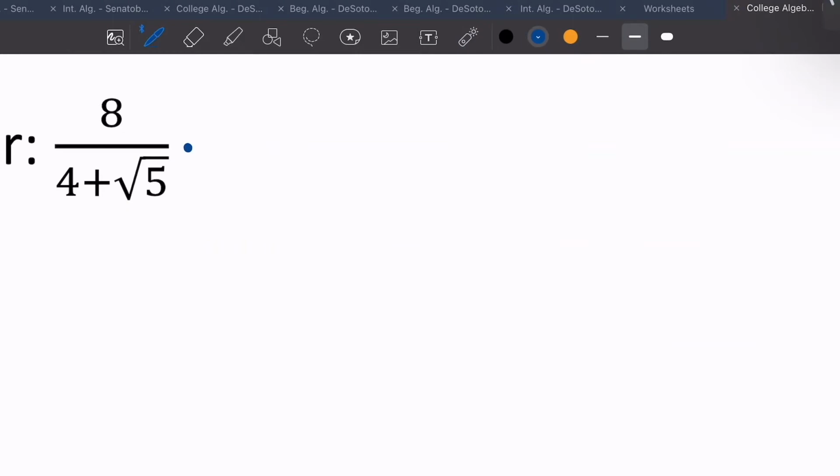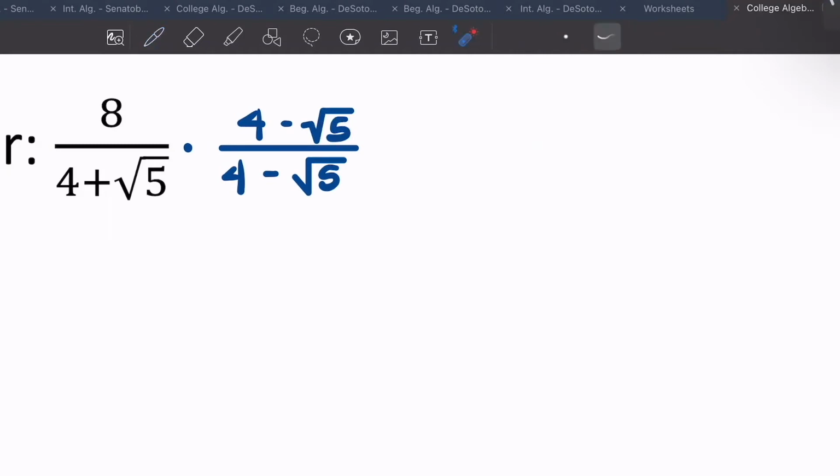All that means is I'm going to multiply by 4 minus the square root of 5. So I multiply both the top and the bottom by this expression. The only thing that changed was my sign.